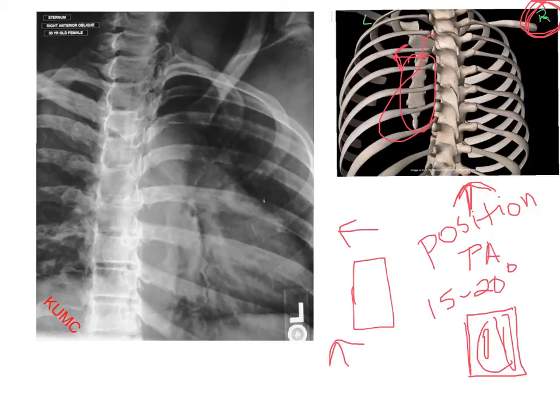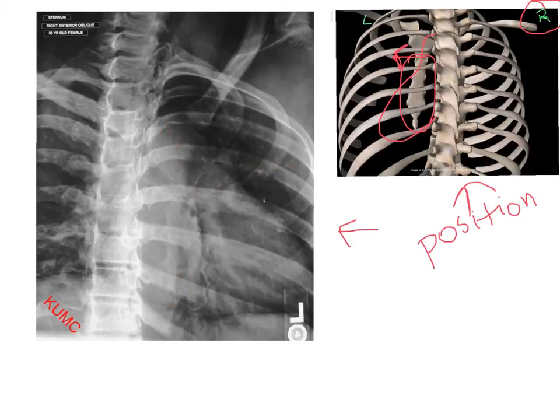I do not expect you to tell me that it's an RAO sternum if it's on a 14 by 17. Typically, again, you are the technologist, you know what you've done. It is hard to walk into a classroom and be able to tell the difference. Also, on RAO ribs, the obliquity is a lot more, so you're going to see your sternum more over here and less right next to the vertebrae.